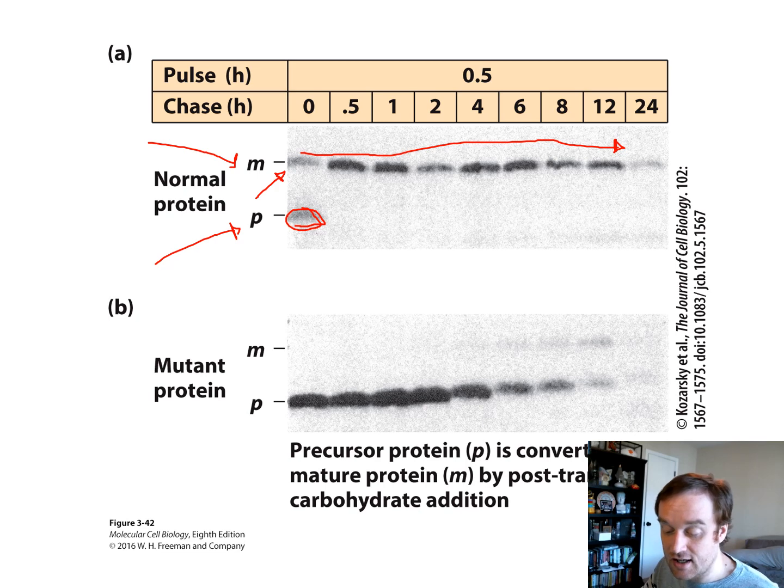Now, as you can see here, the P is gone at a half hour. So it's really quickly turned into M and then exists as M. And so it's the precursor.